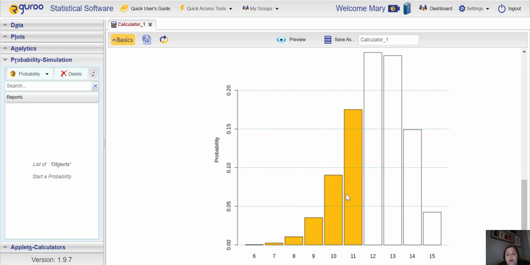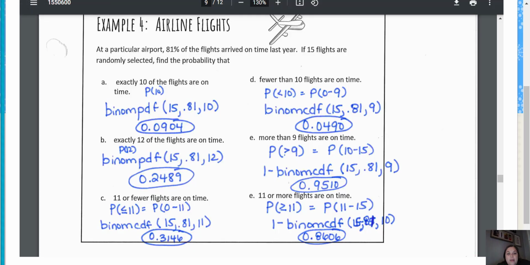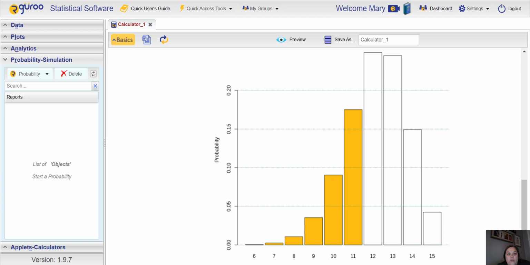Just ask yourself, are the shaded bars the ones that satisfy what we're finding the probability of? Are those the ones that are 11 or fewer? Yes, that is 11, 10, 9, 8, 7, 6. You can't see the ones to the left, but that's okay, because the probabilities are just so small. So again, you can see that it is adding up the probabilities from 11 on down. That is a way you can check because you've got that visual. With the TI calculator, you did not.